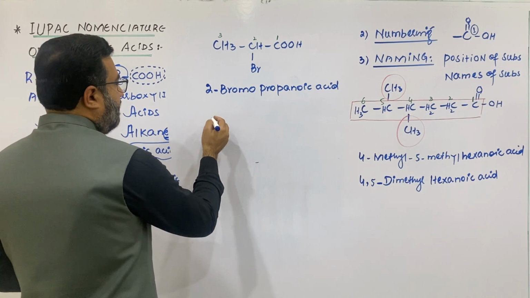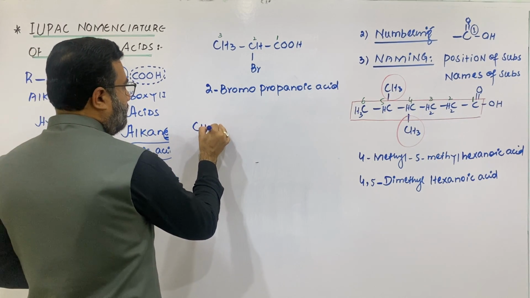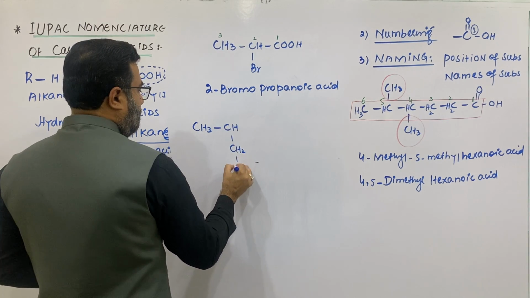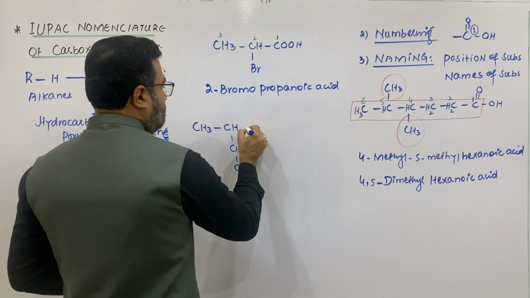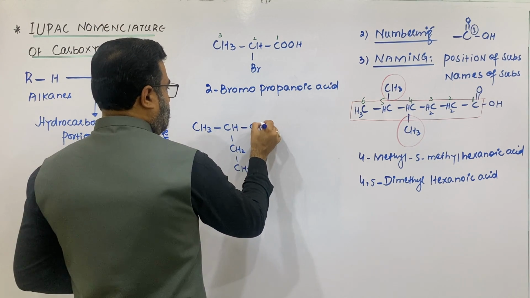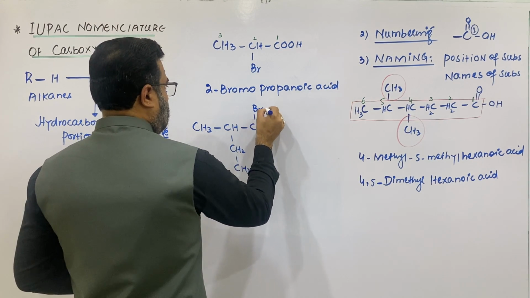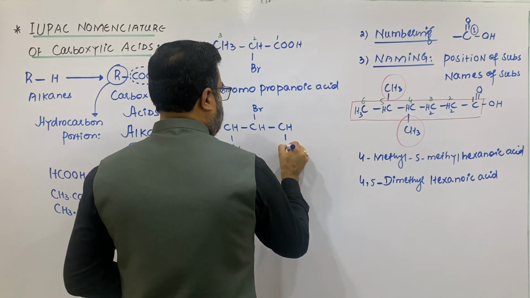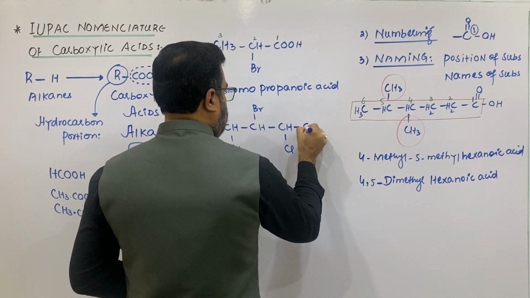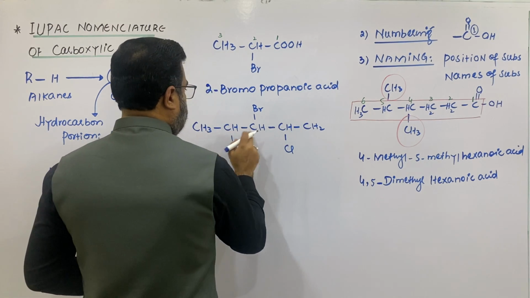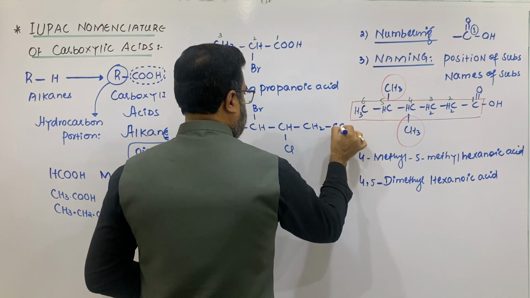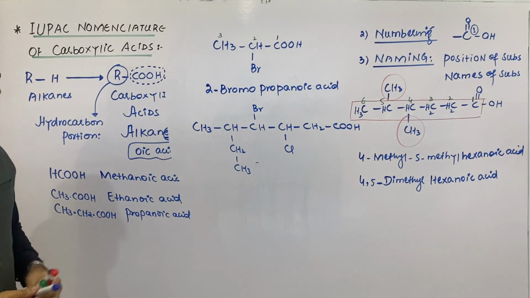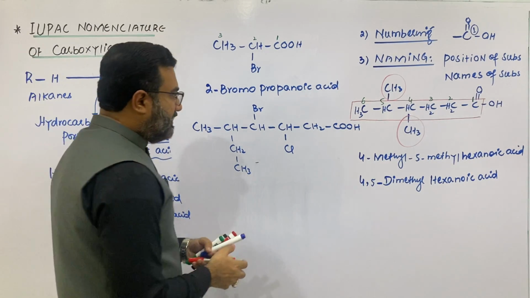Similarly, let us take some more examples. Now this one is a carboxylic acid in which there are different types of substituents attached.